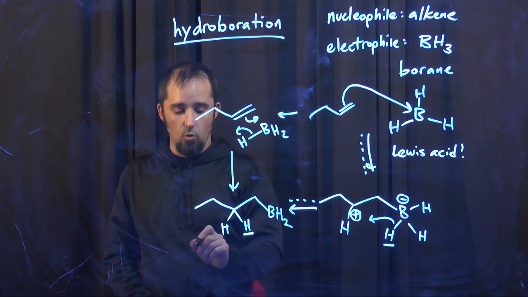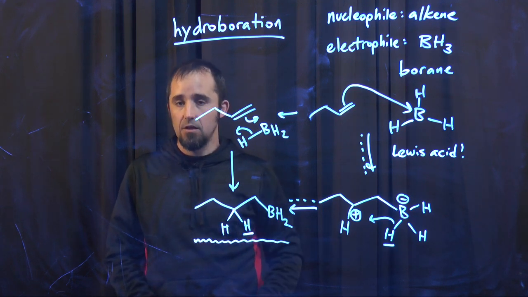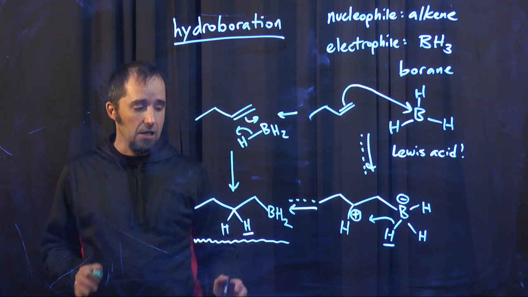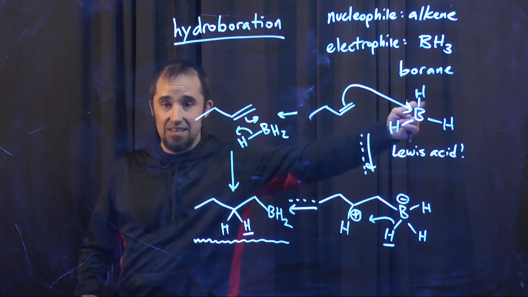Okay? So why would I want these boranes? Well, first of all, this will actually happen 2 more times. So this is still boron with 3 bonds, just like this is.